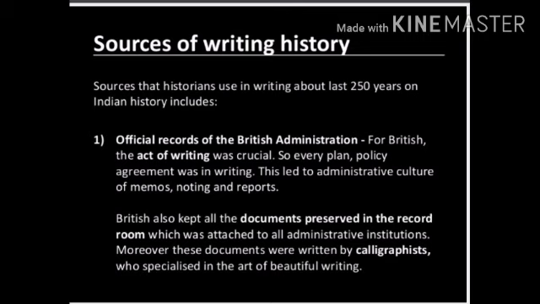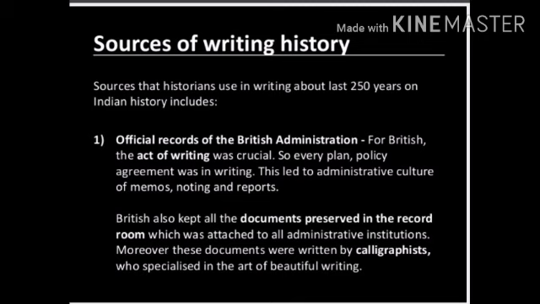Sources of writing history. Sources that historians use in writing about the last 250 years of Indian history include the official records of the British administration. For the British, the act of writing was crucial. So every plan, policy, and agreement was in writing, and this led to an administrative culture of memos, notings, and reports.